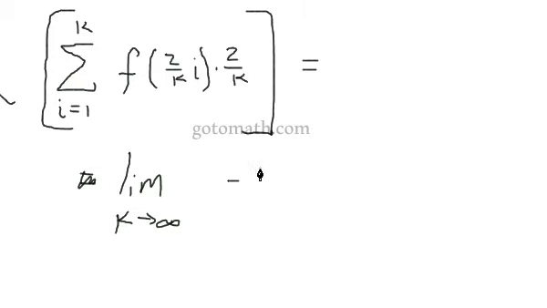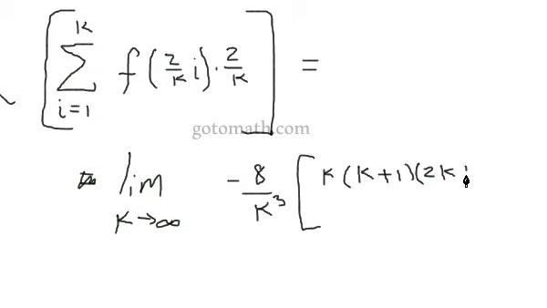So this should be negative 8 over k raised to the third power, and then k times k plus 1 times 2k plus 1, all over 6. Put a bracket around that.